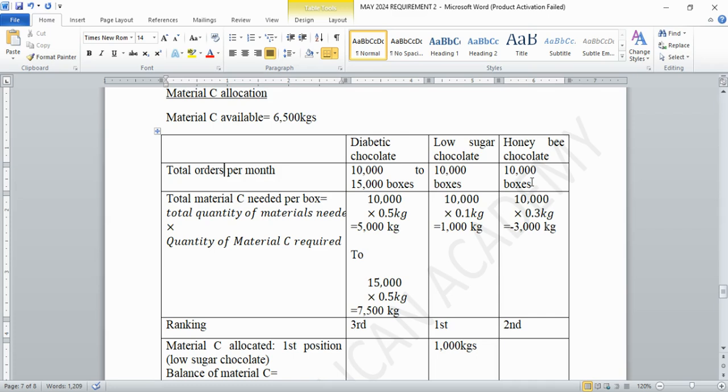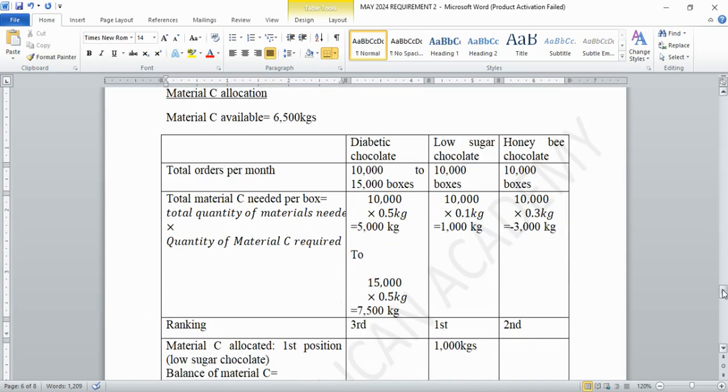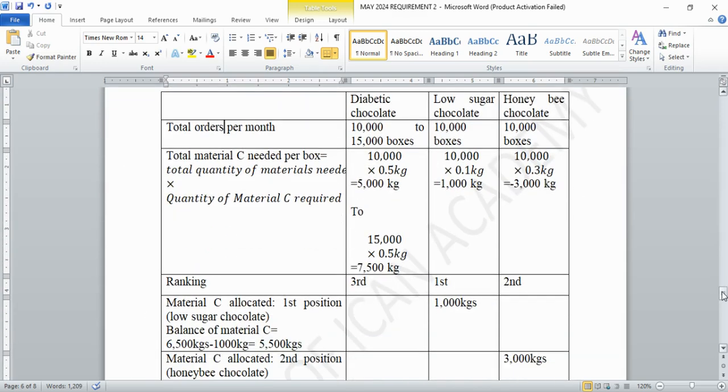Now, for material C, how much of material C do they need for one? To make 10,000 boxes of diabetic chocolate, they will need 5,000 kg of material C. Remember how we got this quantity of materials? This was 0.5, 0.1, 0.3. So now, I trust the Holy Spirit to help give us understanding.